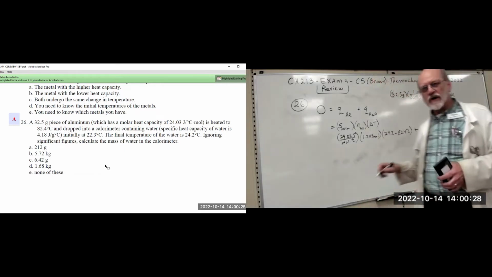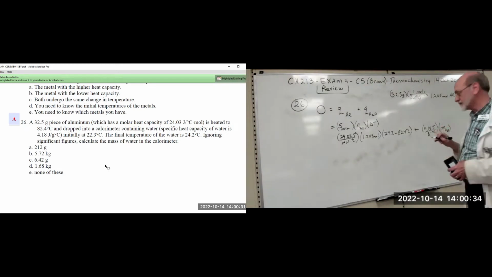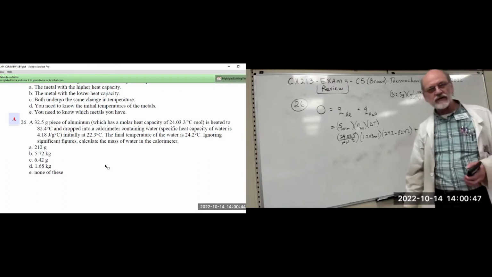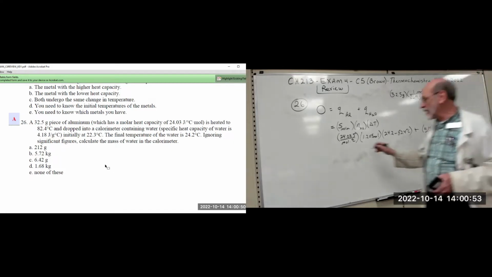What's the mass of the water? It's unknown. What's the temperature change? Final is the same temperature, right? Because the metal and water are now at equilibrium. And what's the beginning temperature? 22.3 degrees. Okay, now we have an equation.